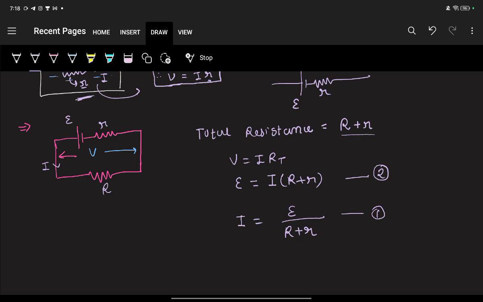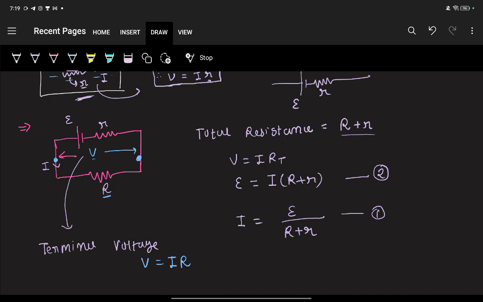And the terminal voltage is given by V is equal to I multiplied by only capital R, that is the external resistance, because this potential is across this capital resistance.